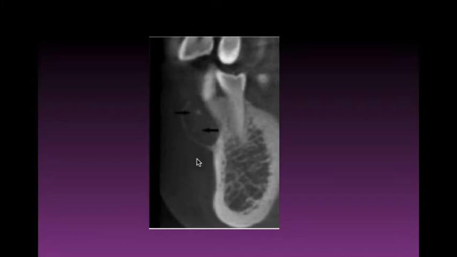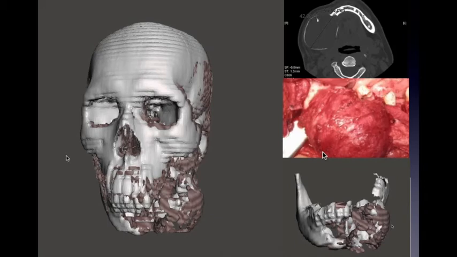This is not apparent on your panoramic radiograph because since it is not as big, the density behind it masks this particular image. Okay, so that's where CT scan or three-dimensional imaging, in this case CBCT, is very valuable.